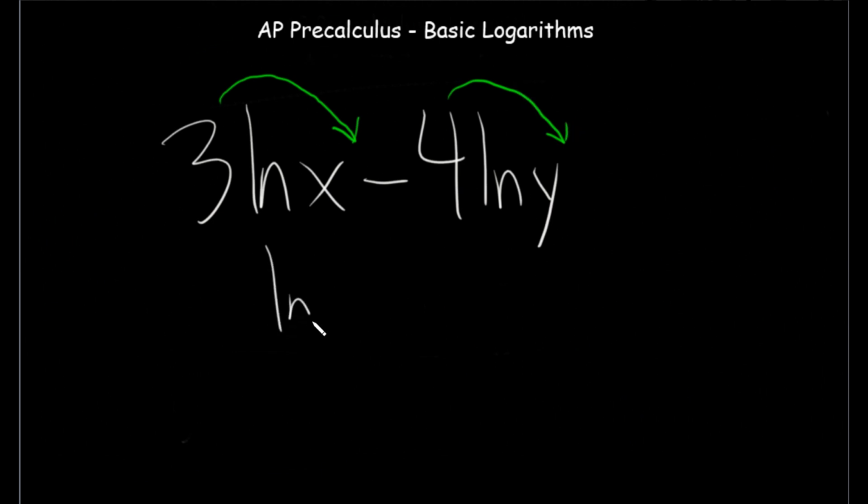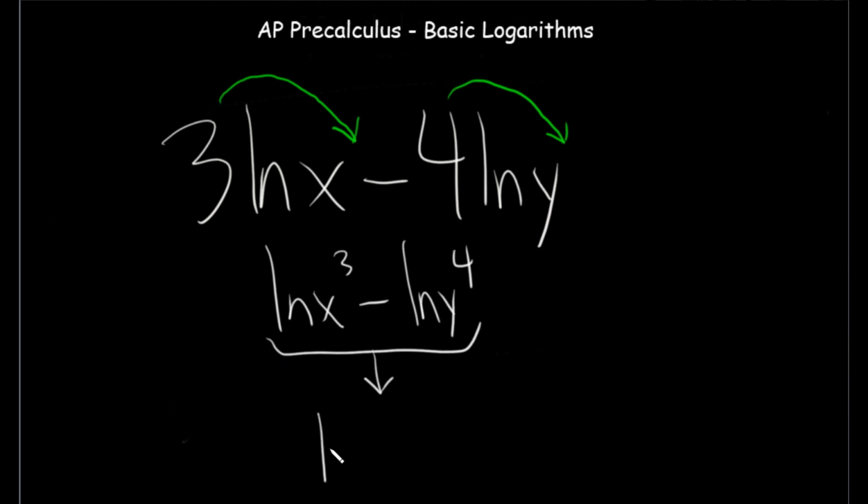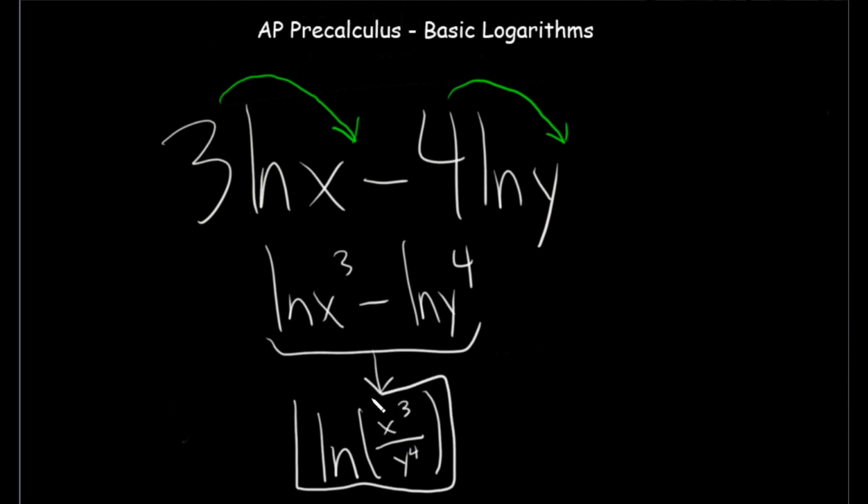That already simplifies it to ln x cubed minus ln y to the power of 4. Now, we just need to combine these. When you combine these, you end up with ln of x cubed divided by y to the power of 4. And that is your final answer. That's all you have to do.